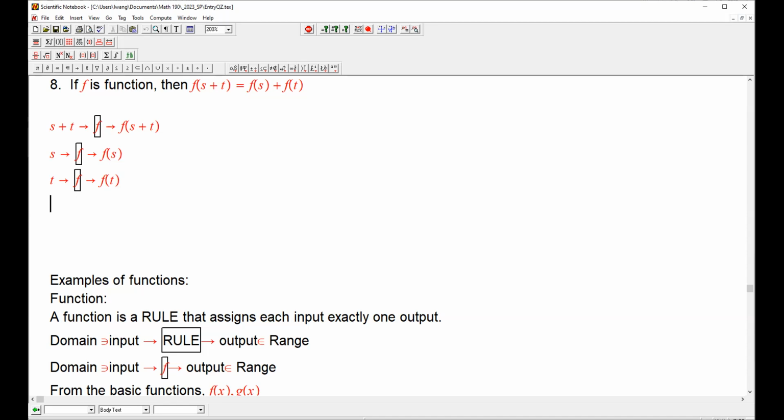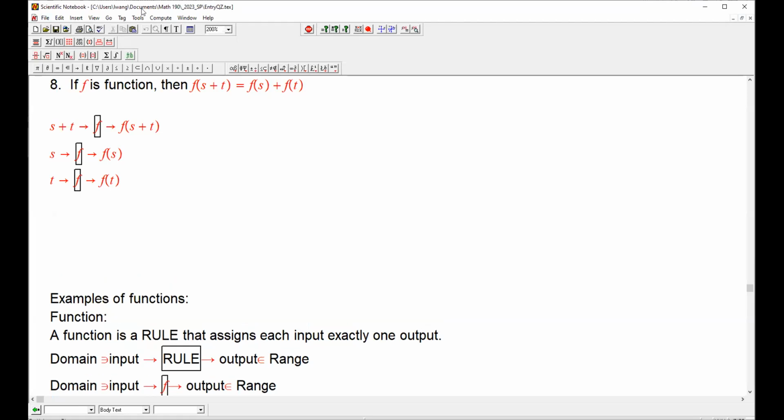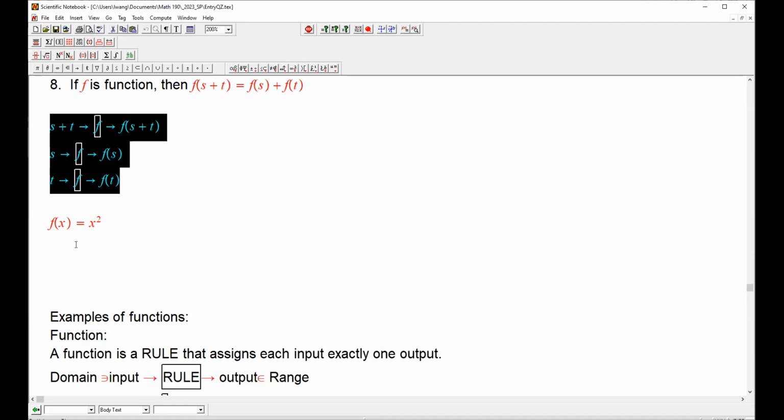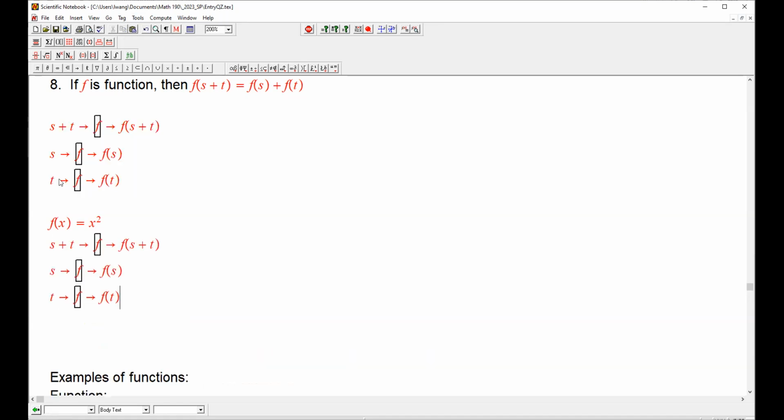Okay, but along the way, we realize, what do we realize? Wait a second, f of x equals x squared, right? If we apply this rule to this specific function, right? What would this be producing? This will produce (s plus t) squared.